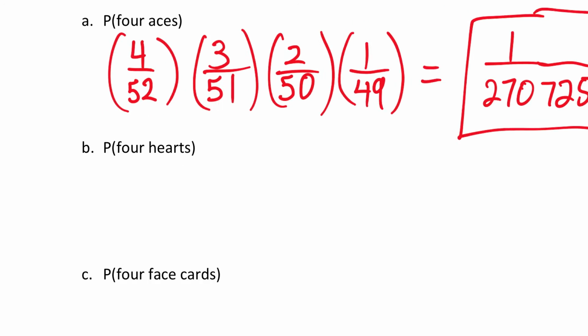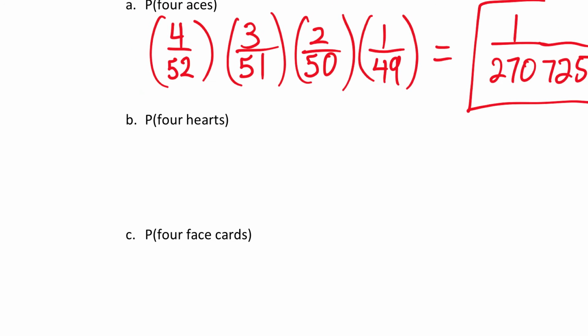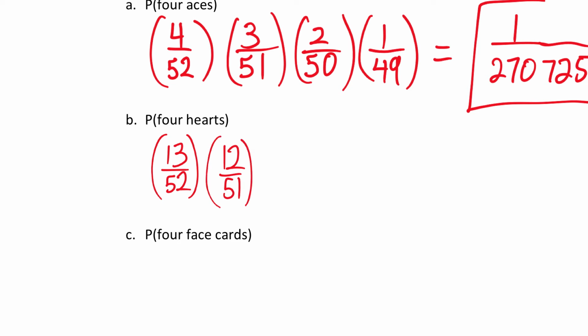So with the first card being dealt, what's the probability of getting a heart? 13 out of 52. Now again, you're keeping the card. And so if you get a heart that first time, what's the probability of getting a heart the second time? 12 out of 51.